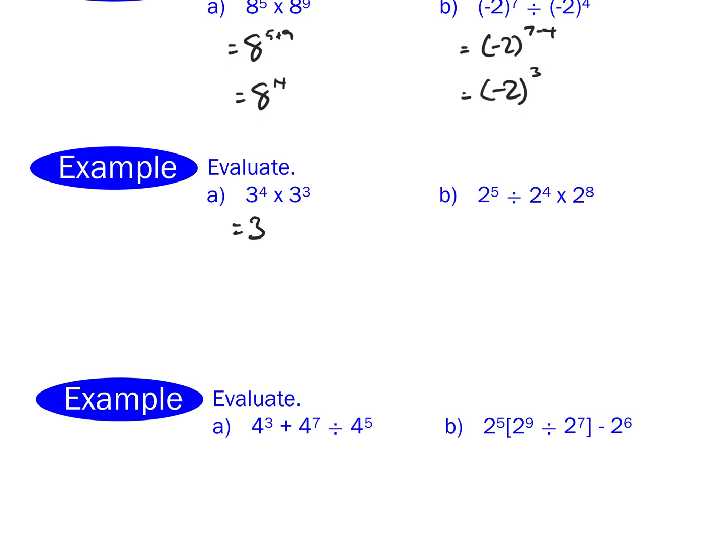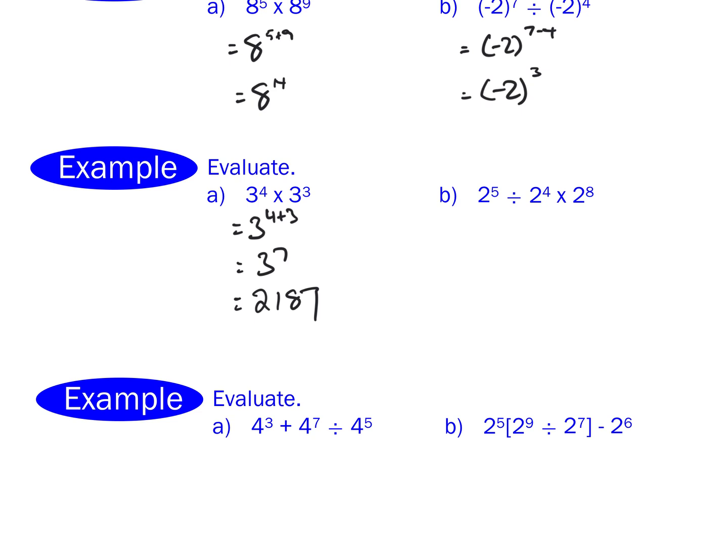Add them. So that's 4 plus 3, which is 3 to the exponent 7. And now, because it says evaluate, we're going to take our calculator and figure out what 3 to the exponent 7 is. What's 3 to the exponent 7? 343.